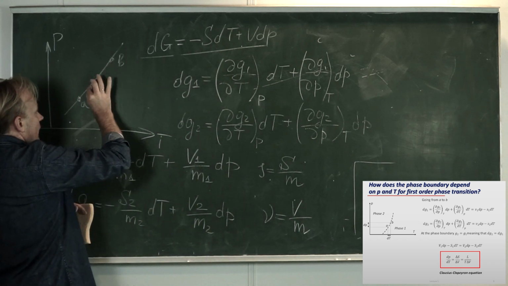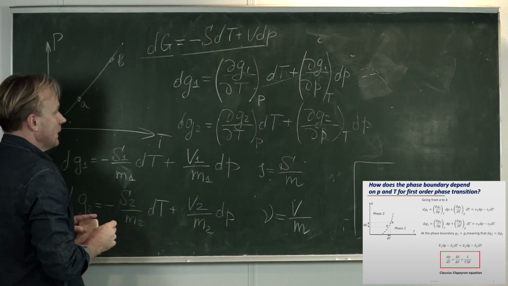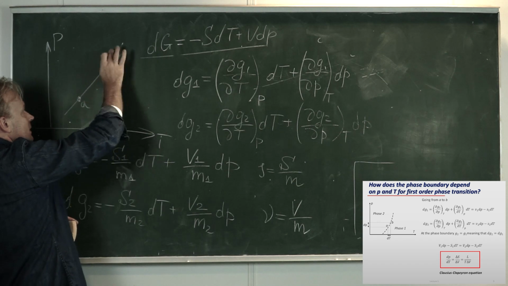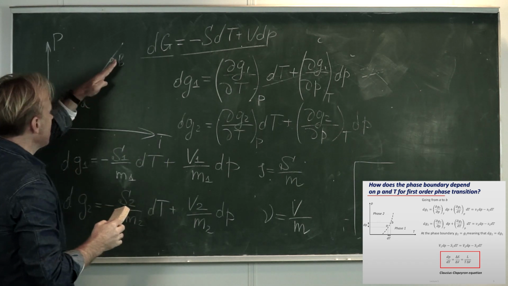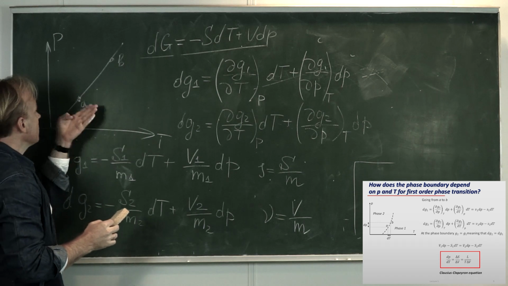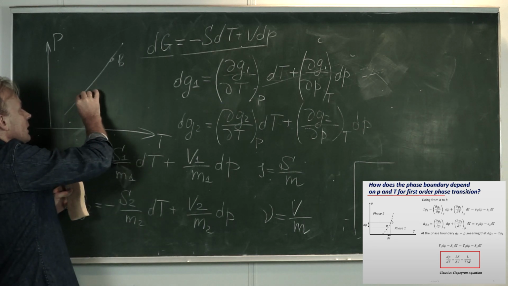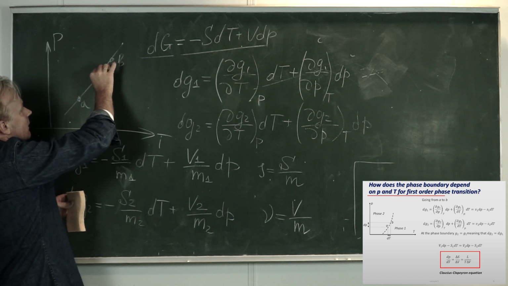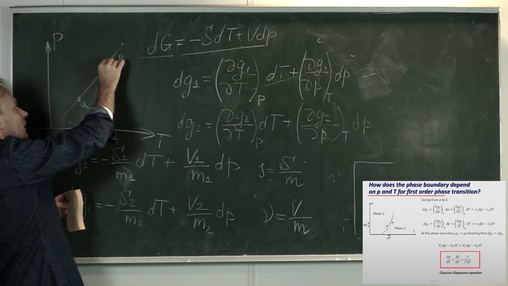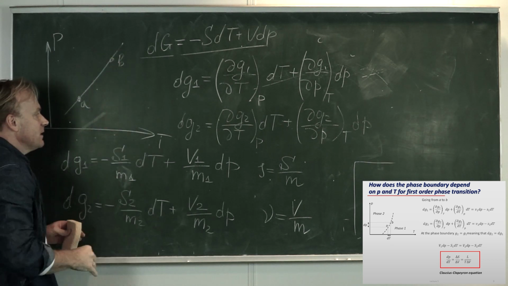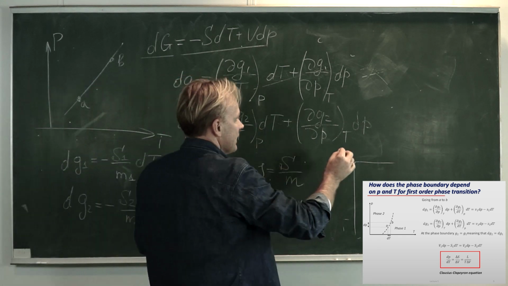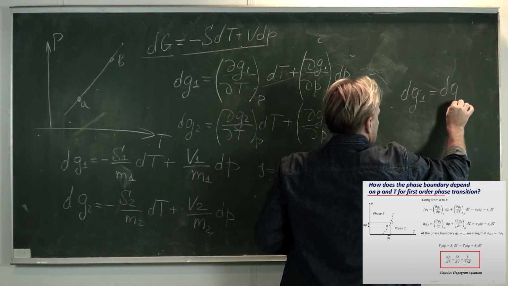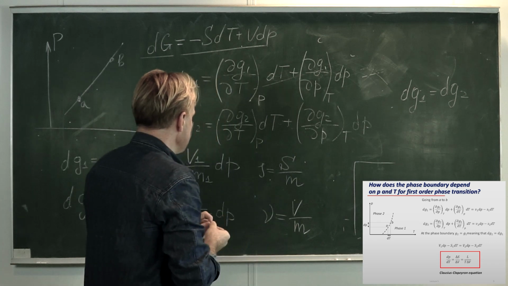At the phase boundary here, as I said, specific Gibbs functions of these two phases are mutually equal. But also, if you stay on this phase boundary while changing pressure and temperature, you succeed to go along this phase boundary without going either in one or another phase, but you succeed to keep the equilibrium with these two phases. So it means that also the changes of these two specific Gibbs functions would be equal.